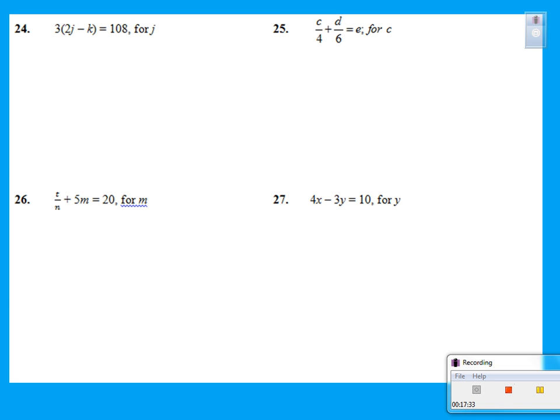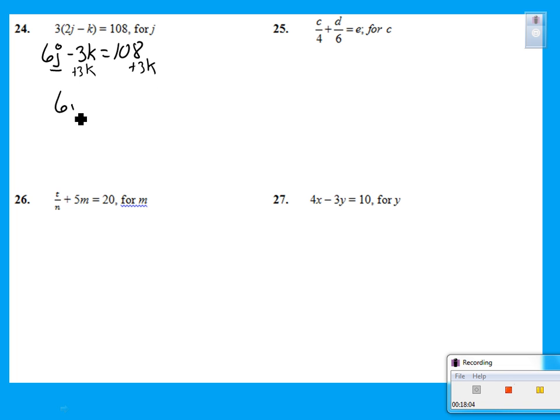Here's your number 24. I've got 3 times (2j minus k) equal 108. We're going to try to solve that for j. Well, there's parentheses in my way, so I'm going to distribute that 3 and get 6j minus 3k equal 108. I need to get j by itself, so do any addition or subtraction first. I'm going to add 3k to both sides.